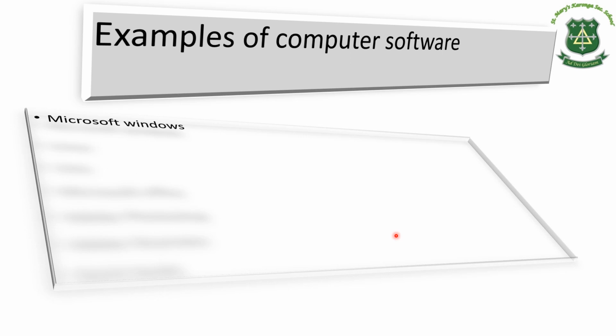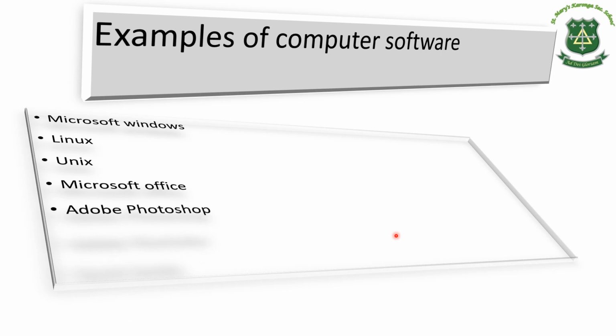Number one, we have Microsoft Windows. I hope you have heard about that. Linux, and we have Unix, we have Microsoft Office, we have Adobe Photoshop, we have Adobe Illustrator, we have QuickBooks, and many more software are there. These are the set of instructions that tell the computer what to do, and some of the examples of computer software.